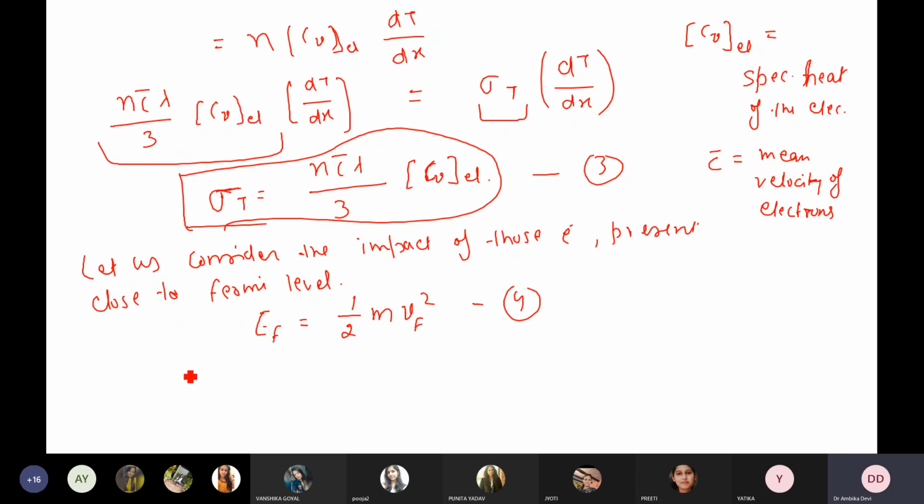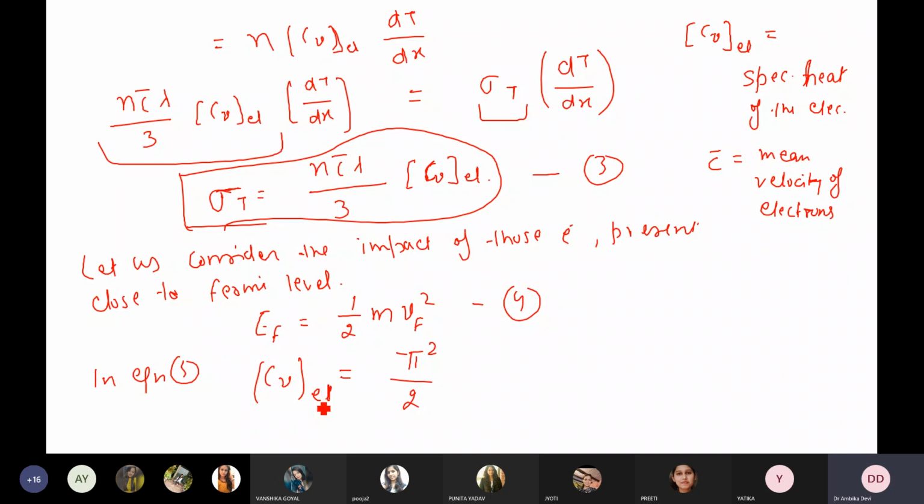And in equation number 3, you have studied free electron theory, and you have also studied band theory of solids. So you must be knowing that the specific heat of the electrons at the Fermi level is given by, you have already derived this in CMP1, so I'm not going to derive it again.